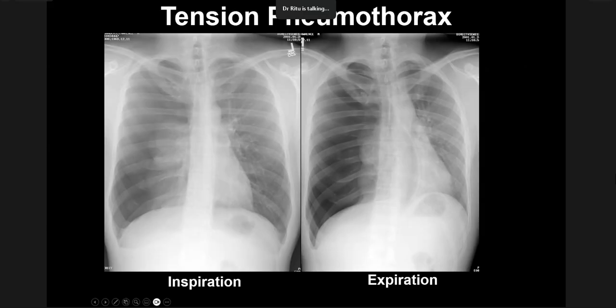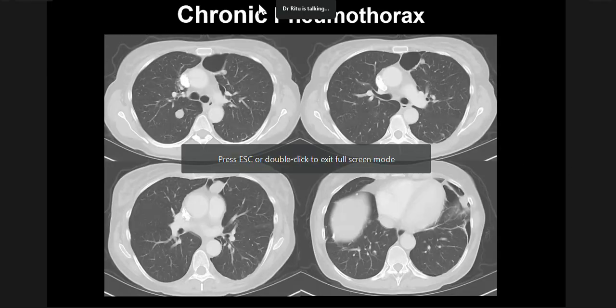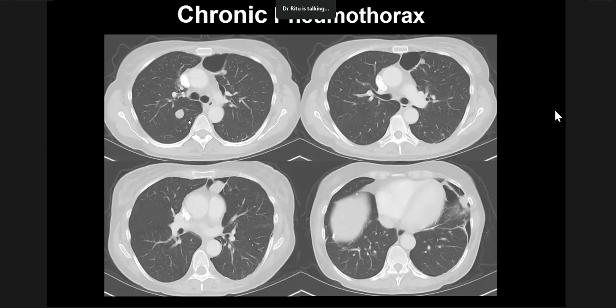Now, obviously, we do not need to do this when the pneumothorax is pretty obvious, like in this case, which is a chronic pneumothorax. This is a case of a patient with Birt-Hogg-Dubé syndrome, and they had these cysts which continue to rupture, and they actually did a pleurodesis on this patient.